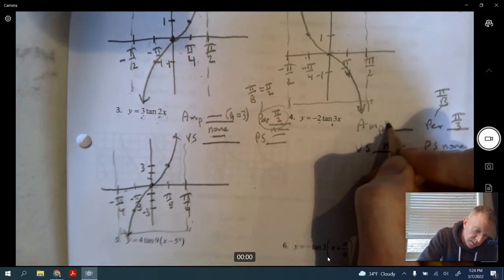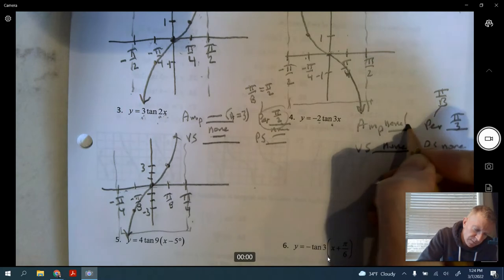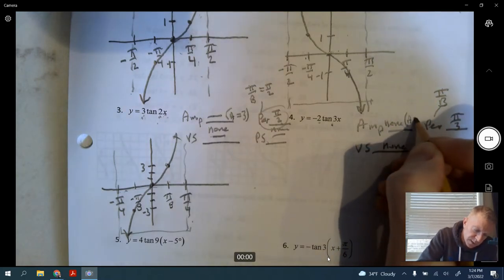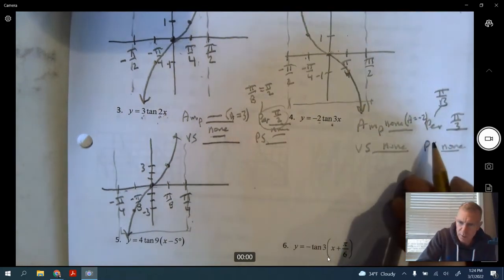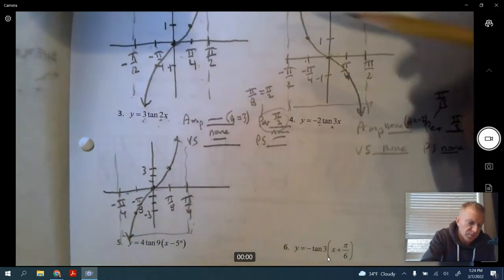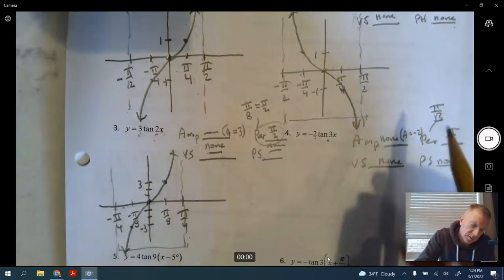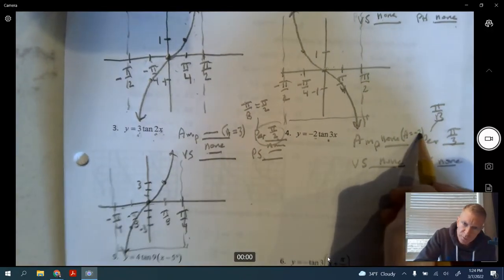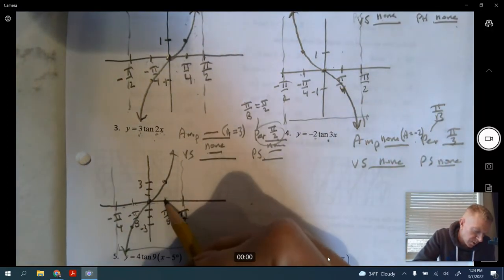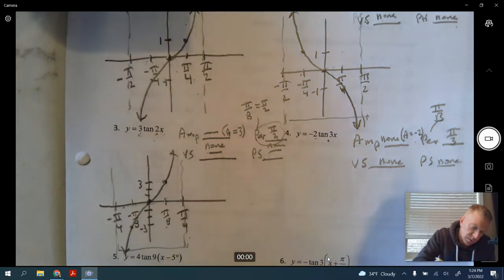Amplitude, none. However, your a value is negative 2, and that's important. Negative means you're going to reflect it, it's basically upside down, reflect it over your wave axis. And then the 2 means that at your quarter marks, you're going to be up at 2 and negative 2.